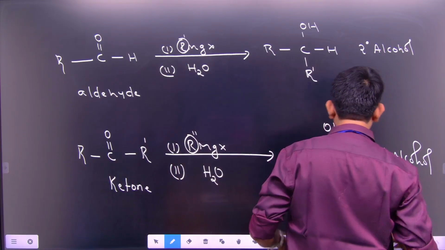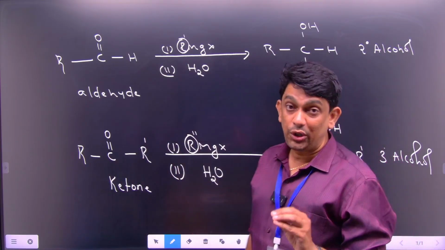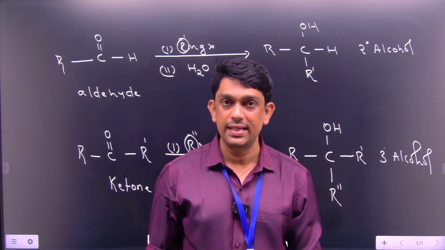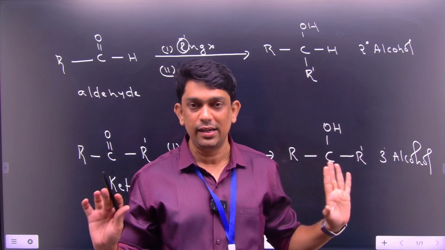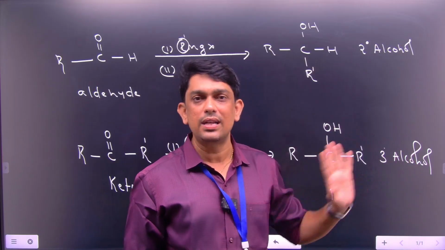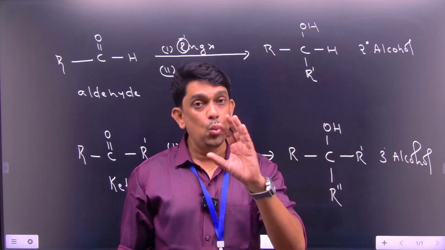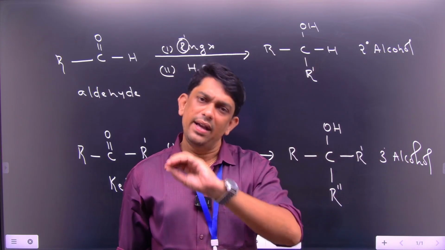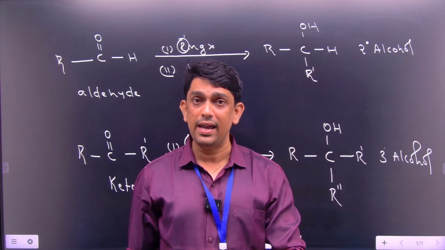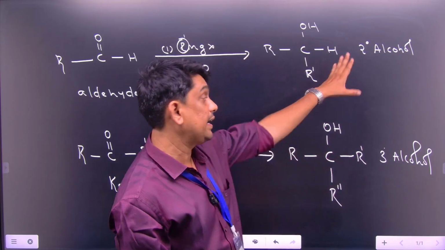So in general I can say, when a ketone reacts with Grignard reagent followed by hydrolysis, the product we get is a tertiary alcohol. Any ketone for that matter will give you the tertiary alcohol only. When it comes to aldehyde, every aldehyde with a Grignard reagent followed by hydrolysis gives a secondary alcohol.